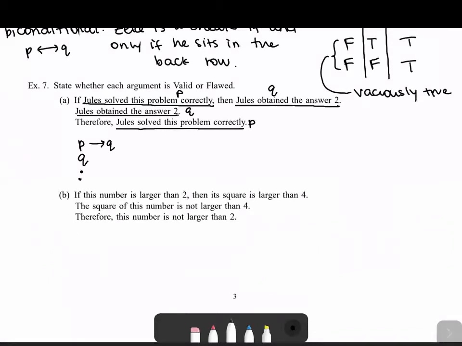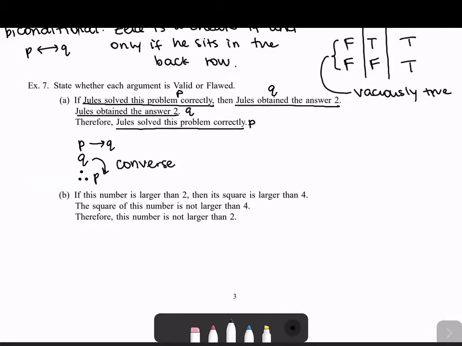This is just the symbol for therefore, and therefore P. So we know that P implies Q, and we know that Q happens, and the conclusion we made was that Q results in P. So like we just did above, we know that Q implies P is the converse.